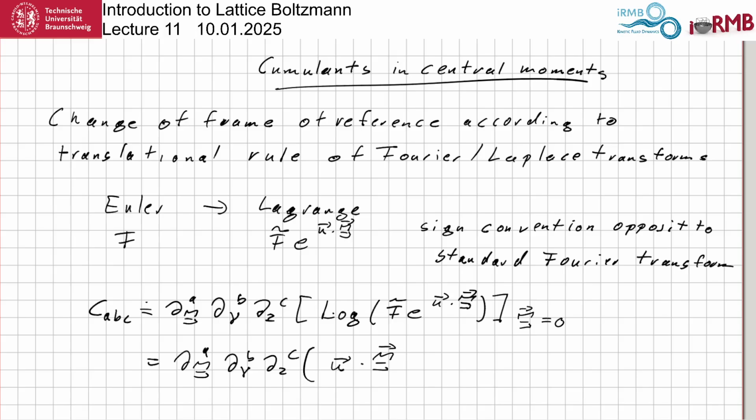So this is non-zero only for the first derivative, because even the zero derivative is 0 since we put in 0. So this will only influence the first cumulant. All the other cumulants do not depend on the frame of reference. This is why they are Galilean invariant.